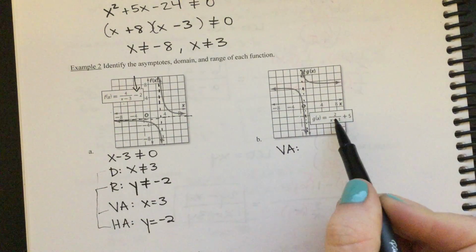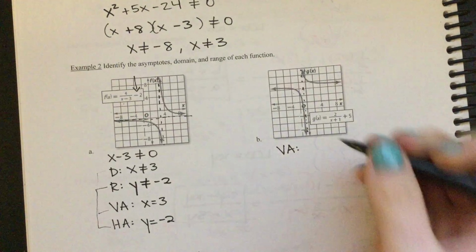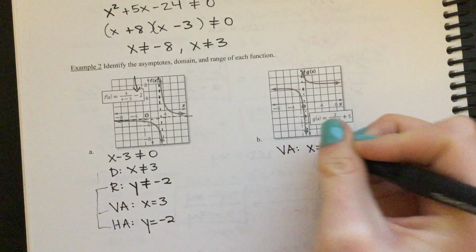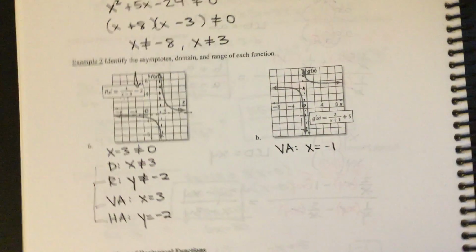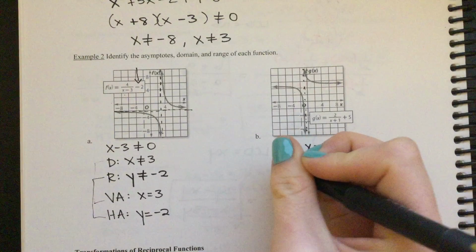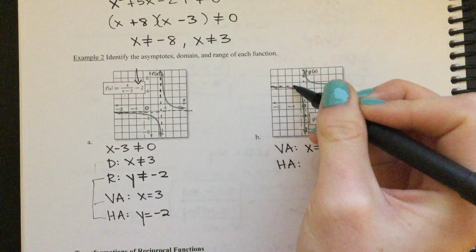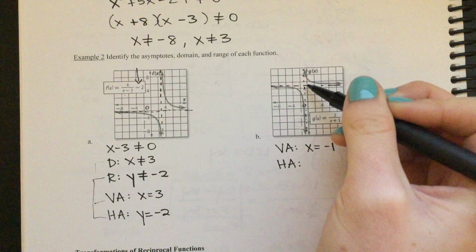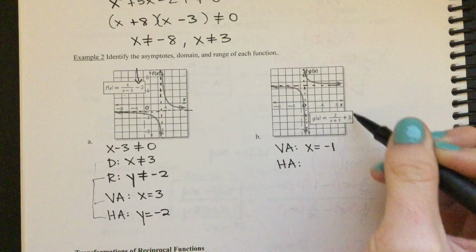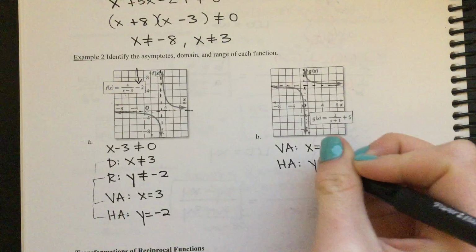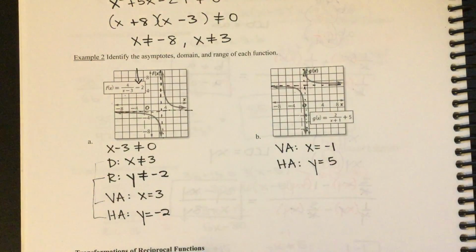And if we look right here, since I have x plus 1, we know that x always does the opposite. So that dotted line that I just drew in is the vertical line x equals -1. And then the horizontal dotted line that I could draw in seems to be right about here. And that is right through 5, which if you look, there is my 5 on the end. So y equals 5 is my horizontal asymptote.